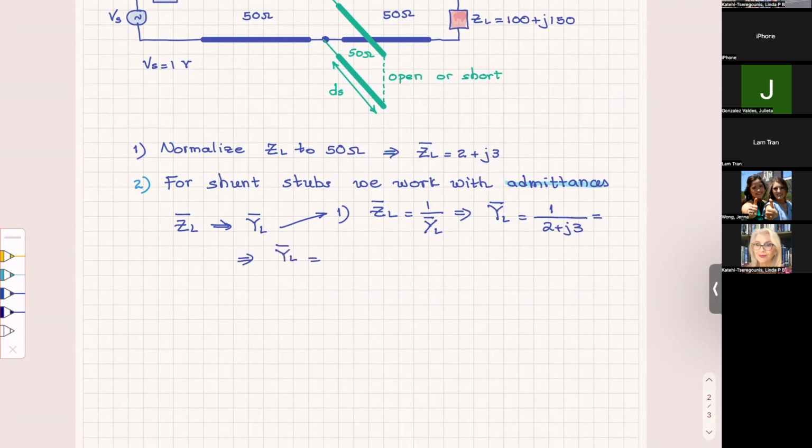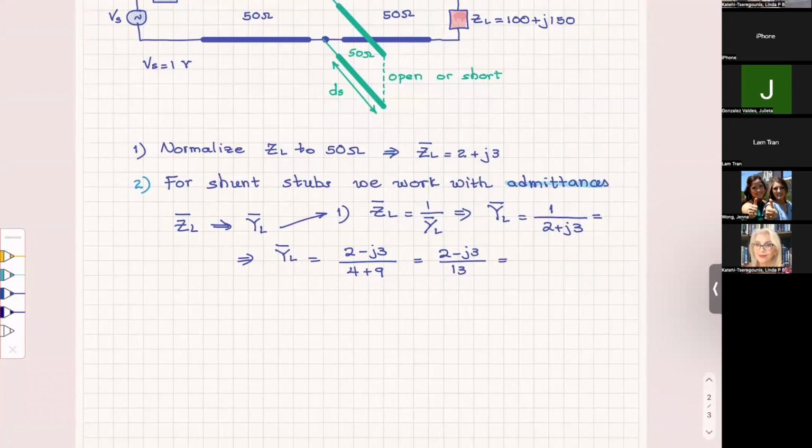We have to multiply numerator and denominator by the complex conjugate of the denominator. So it's 2 minus j3 divided by 4 plus 9, which is 2 minus j3 divided by 13.